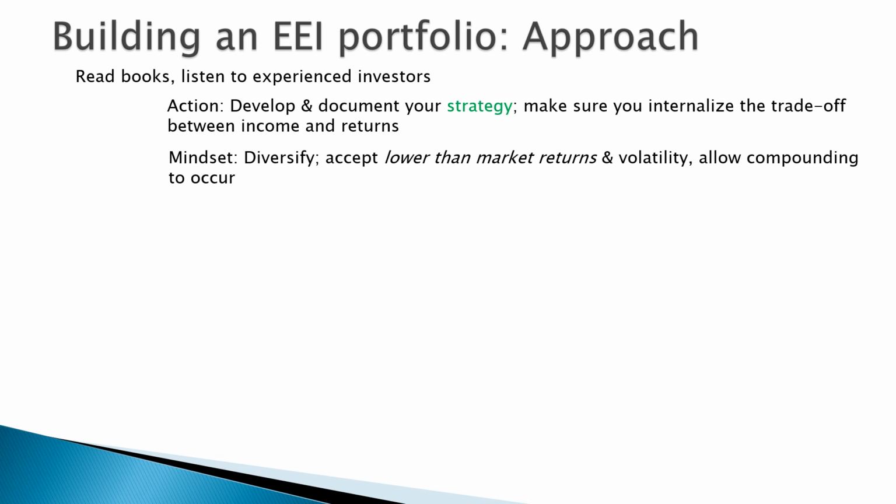And there are two things that you want to do. The action is obviously to develop and document your strategy. You must write it down, right? In my case, I have a documented strategy, which, very briefly, is that I want enhanced income investments, ETF products primarily, and they must be index based.